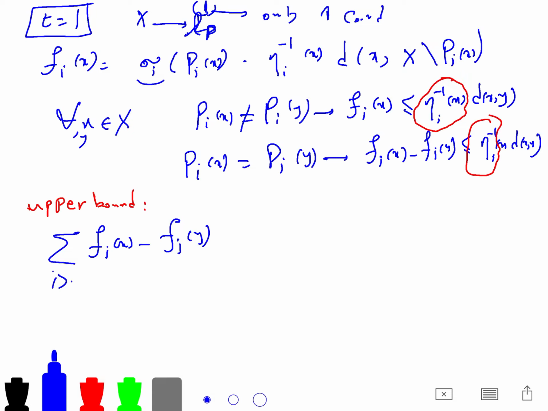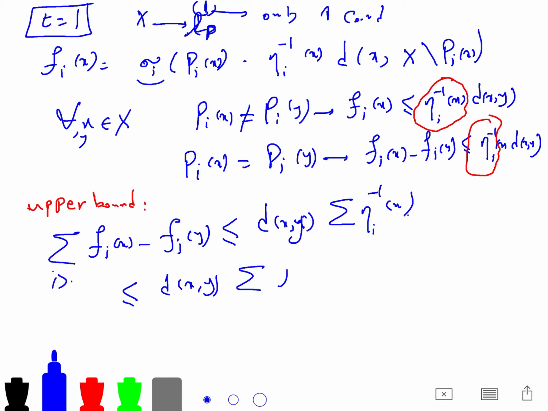For i greater than 0, this one is less than the distance of x and y, eta_i minus 1 of x. And this is less than or equal to, I proved that, log of the cardinality of the ball of x and 4 delta_i divided by the ball of x and delta_i over 4.